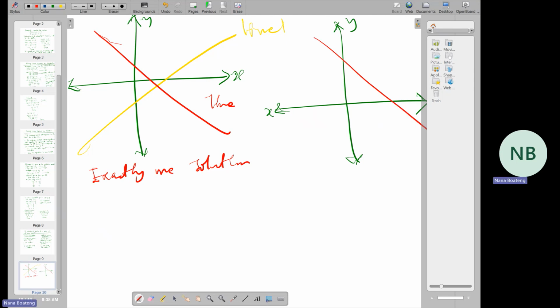So this is line 1, and this is line 2. If the two lines never intersect, that means the system has no solution, or they are parallel lines.